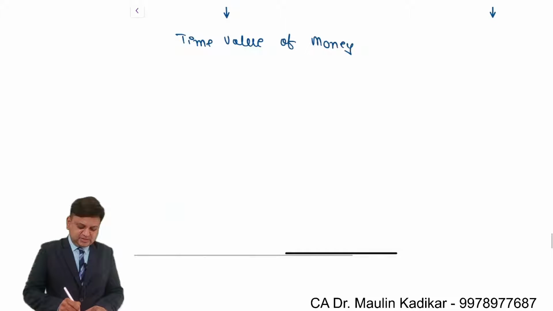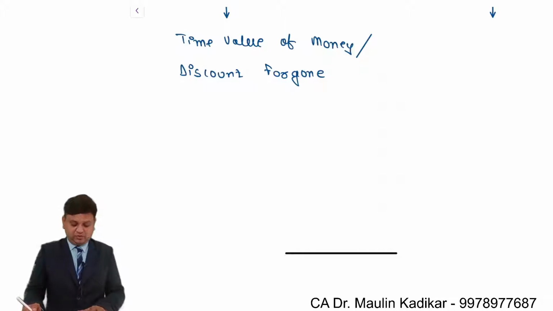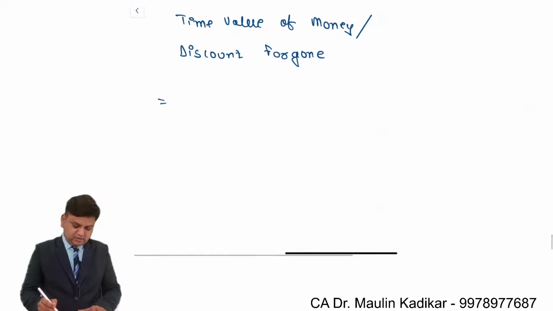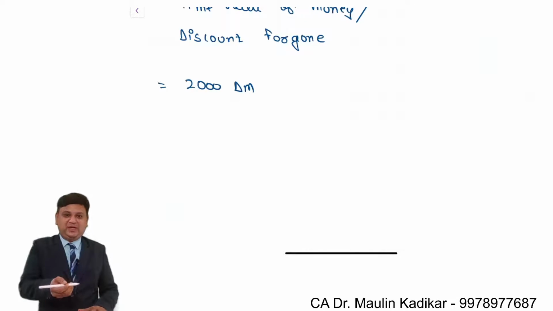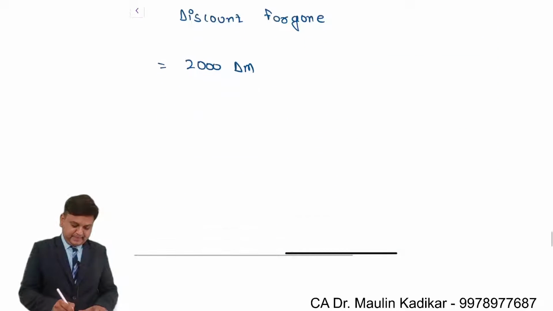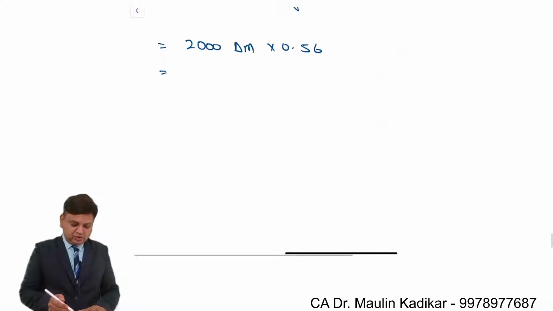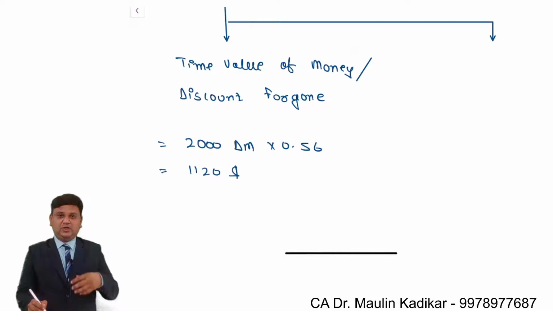In short, it is the discount forgone, the cash discount advantage which you forgo. That is 2,000 Dutch mark which you were not supposed to pay. Now you have to pay at the rate of 0.56, so into 0.56, your cost increases by $1,120. That is one component of the cost.